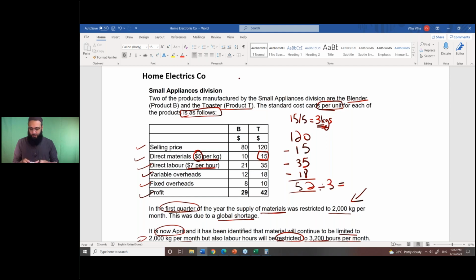Let's see what figure I'm getting here. 52 divided by 3 is giving me the answer of 17.3333. So it's 17.33.